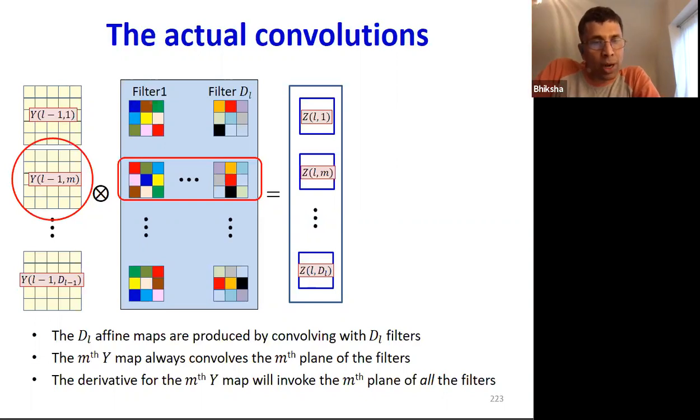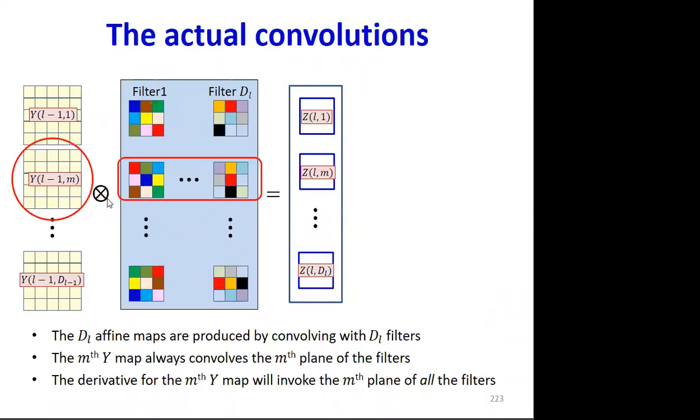Remember, whether you flip it or not, think of these as being the flipped filter in your traditional convolution operation. The initial flipping that you use in your signal processing convolution operation is sort of built into these filters going backwards. So when you're trying to compute the derivatives going back, you go back to the original filter. But anyway, that's slightly tangential to what we are trying to say here.